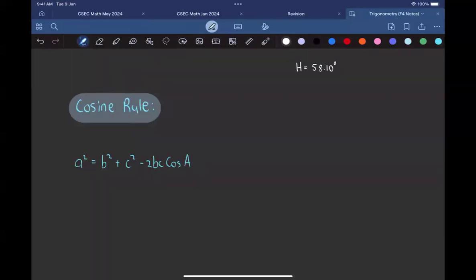And you use this anytime you have an included angle. Does anybody know what an included angle is?